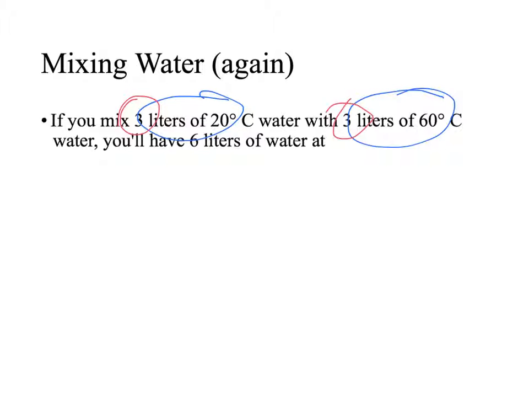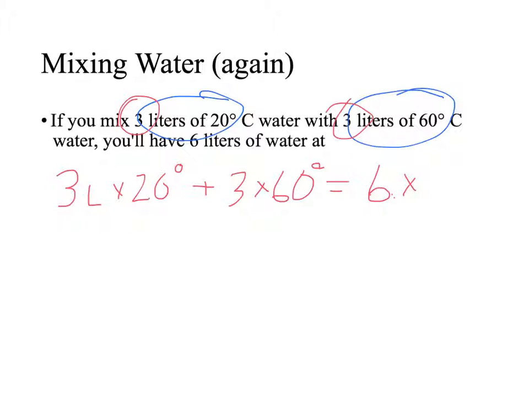We can prove it. 3 liters of water times 20 degrees plus 3 liters of water times 60 degrees is equal to 6 liters of water times some final temperature.